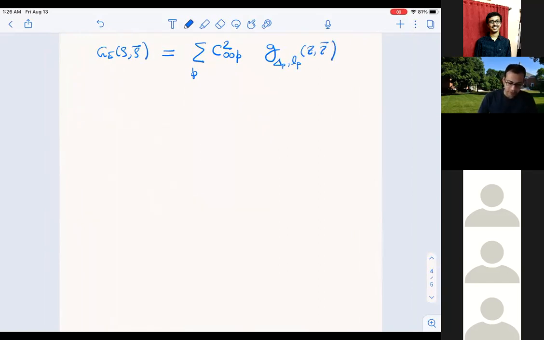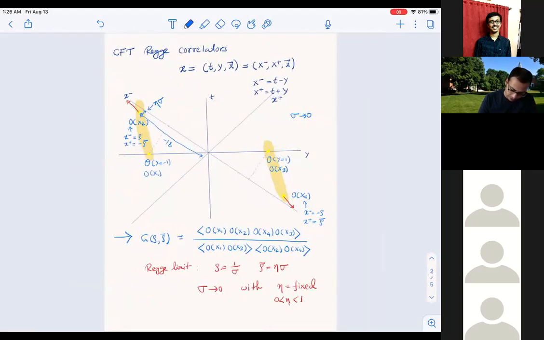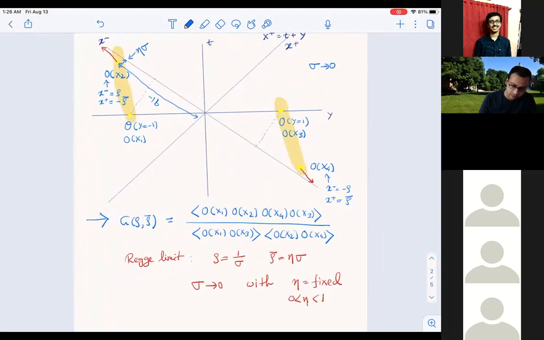Remember that this is a normalized correlator where it's divided by the 2-point functions, as shown here.